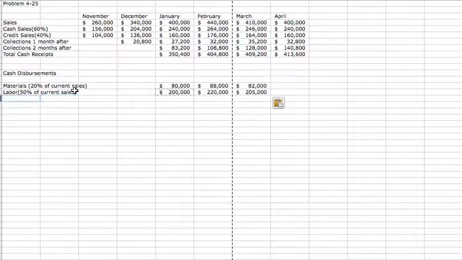All right, so we're getting a bigger picture here of our cash disbursements. Selling and administrative expense is 15% of sales and is also paid in the month of sales. So that's 15% of sales.